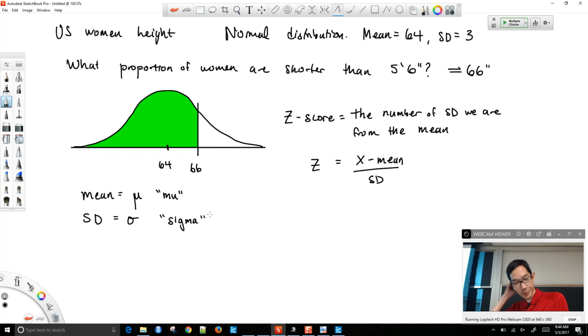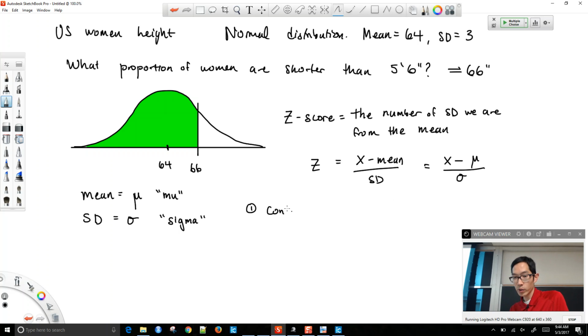These are Greek letters. And so we might say z is equal to x minus mu divided by sigma. And so in this case, we're going to convert 66.